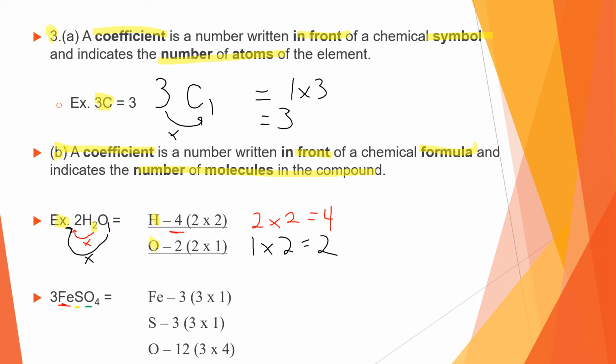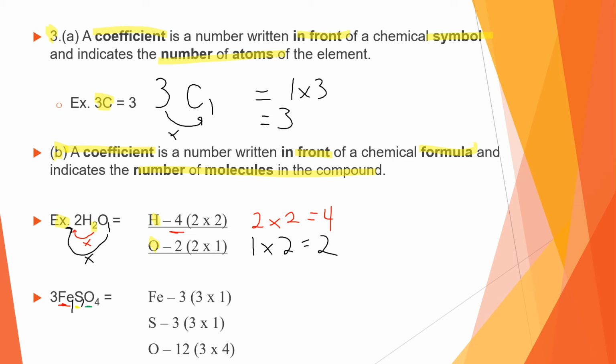Okay, so keep in mind we're going to count atoms for each element that makes up the compound. So iron, first we look to the subscript. Remember, if there's no number to the right or behind the symbol, that means it's always 1. So this is really like an imaginary 1.